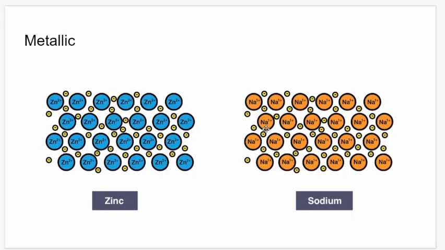Moving on, metallic bonding is just between metals, so metals and metals. Here's an example of zinc ions and sodium ions. These are positively charged atomic nuclei, and the small negative circles are delocalized electrons.